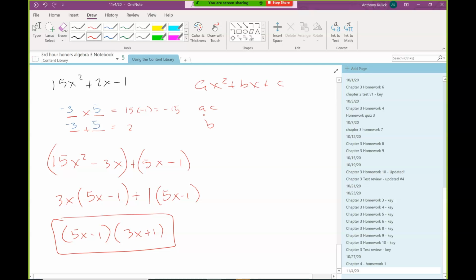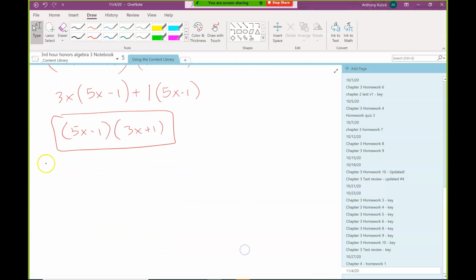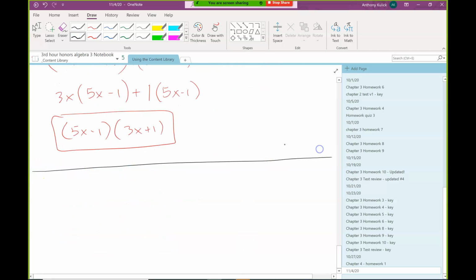The other thing that we want to talk about today is this completing the square idea. So let's talk about that. Here, completing the square is going to take us from standard form to vertex form.